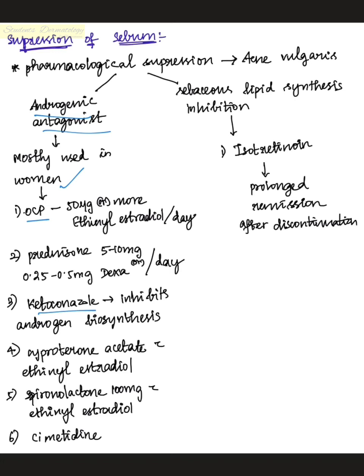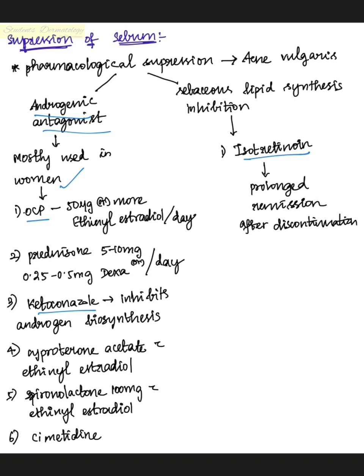It inhibits androgen biosynthesis. The next group is the drugs that decrease peripheral conversion of androgens, which include cyproterone acetate with ethinyl estradiol, high dose spironolactone, either 100 or 200 mg, with ethinyl estradiol, and then cimetidine. The drug that decreases sebaceous lipid synthesis is isotretinoin.